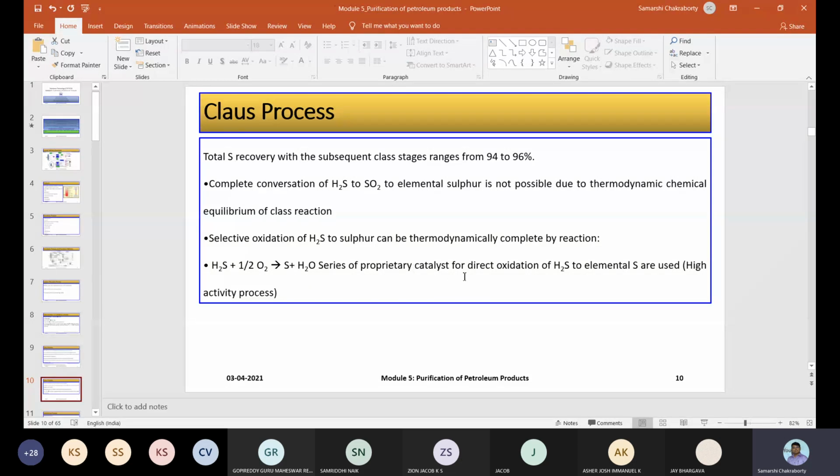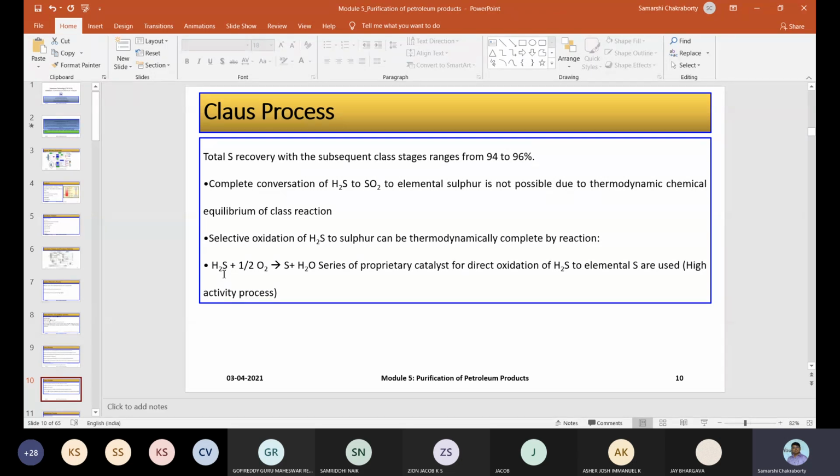A series of proprietary catalysts are used for this direct oxidation of H2S to elemental sulfur, and the companies do not disclose the composition of those catalysts because they keep it a trade secret.